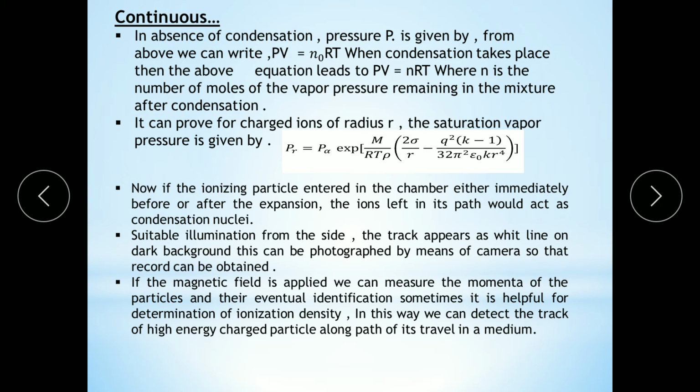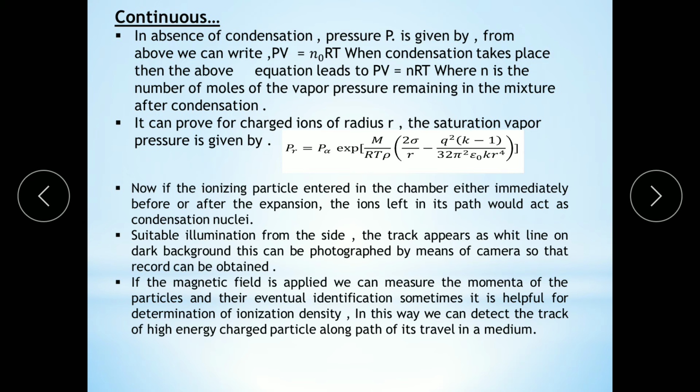When condensation takes place, the equation leads to PV equal to nRT, where n is the number of moles of the vapor remaining in the mixture after the condensation. But in the absence of condensation, N0 is the number of moles of that vapor.